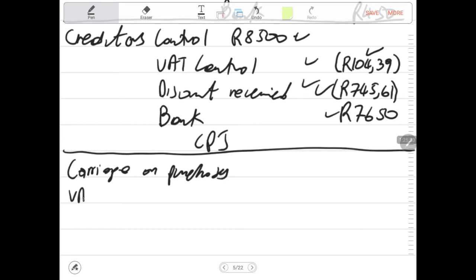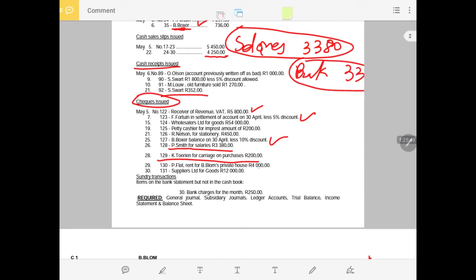We have VAT control, which is input VAT. Then after we have our bank. Then we record the amount that we have paid. We paid an amount of 200 or 2,000. Yes, we paid 2,000.